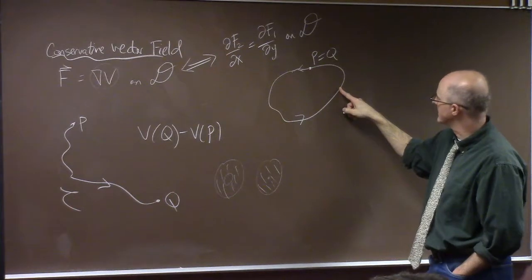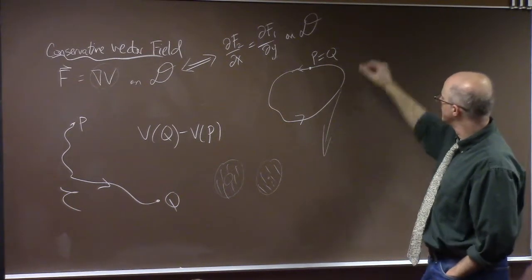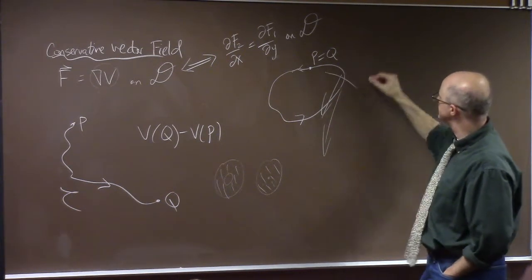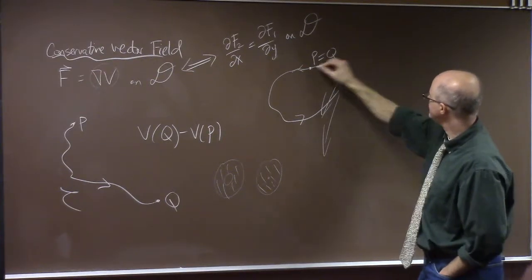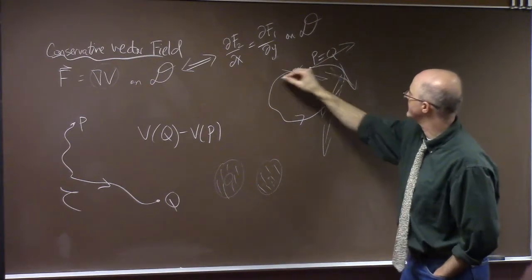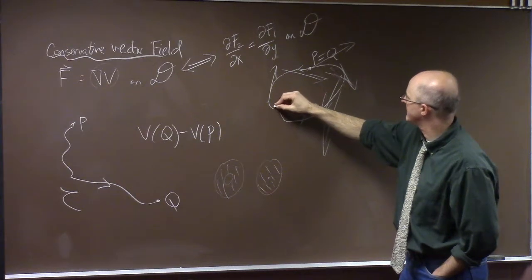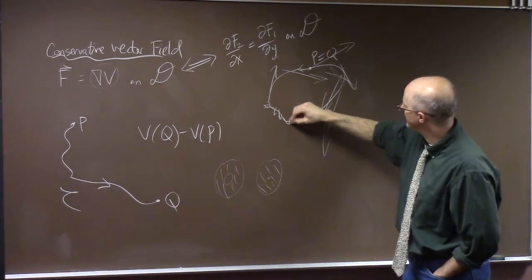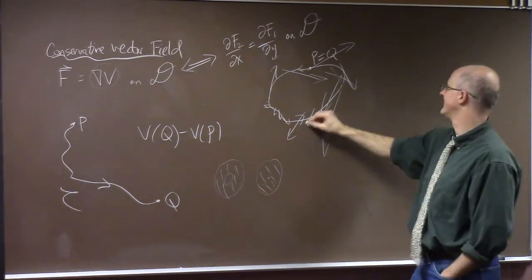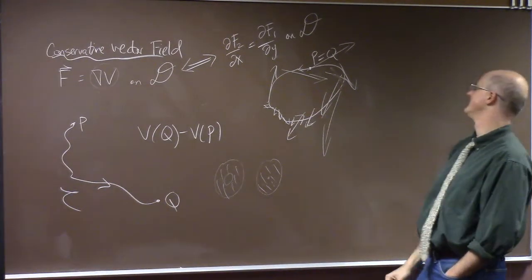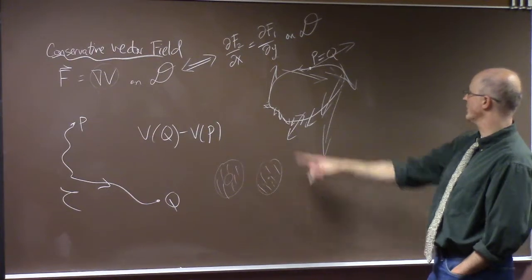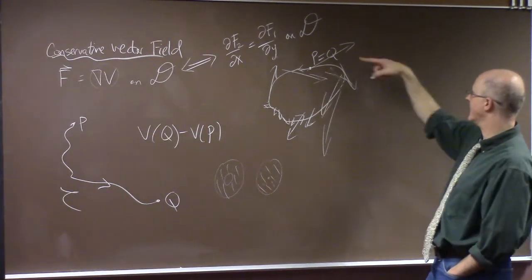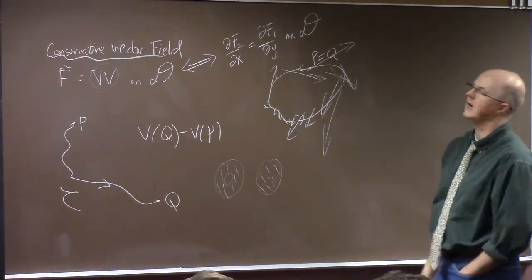If your vector field, for example, looks like this, just sort of drawing these somewhat randomly, not completely randomly. Do you think the line integral over that oriented curve, oriented counterclockwise, is positive, negative, or close to 0?